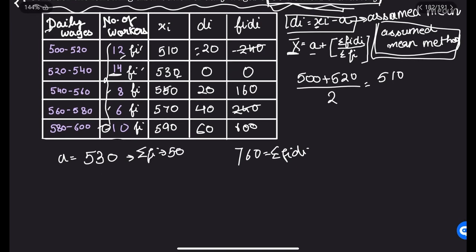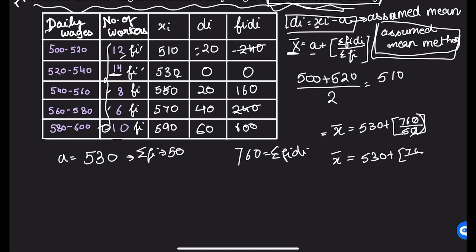Let's put in the values, and the value of a is 530. X bar will be equal to a, that is 530, plus sum of fidi, 760, upon sum of fi, 50. Cancelling the 0 here, equal to 530 plus 76 upon 5.